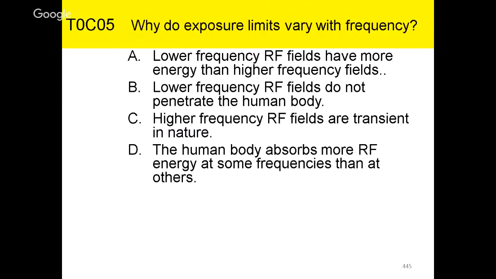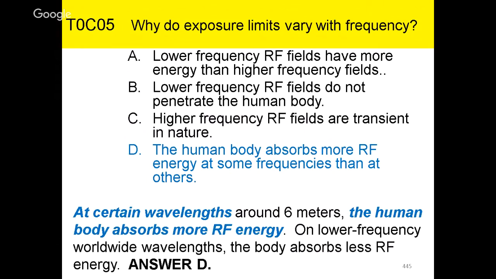All right, why do exposure limits vary with frequency? This is an interesting question in and of itself. Depending on the frequency depends on how much the human body is actually going to absorb. So the human body will absorb more RF energy at some frequencies than at others. At certain wavelengths, say around 6 meters, the human body absorbs more RF energy. On lower frequency, longer wavelengths, the body absorbs less RF energy.